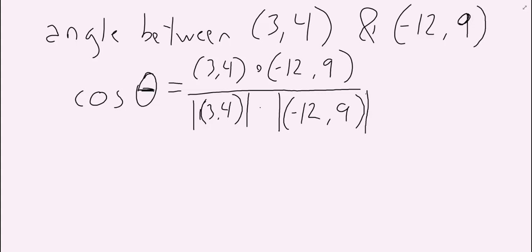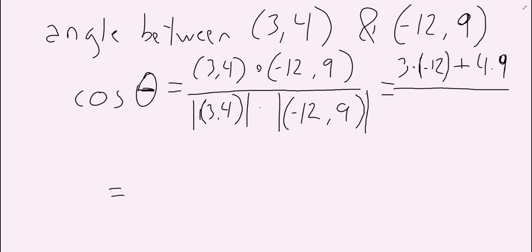I'm going to wait before I divide the lengths in, before I normalize the vectors, because there's a possibility you can see from just the dot product what the angle is, or at least come close to it. In this case we have 3 times -12 plus 4 times 9. This will be divided by the same as the other side. Let's see where this leads us.